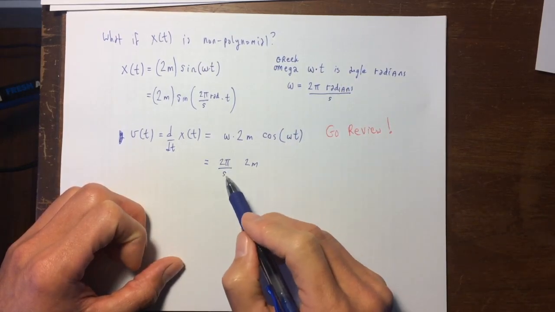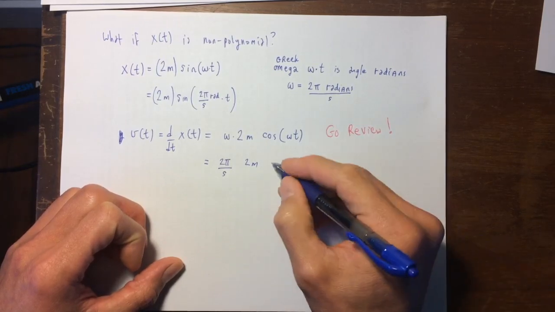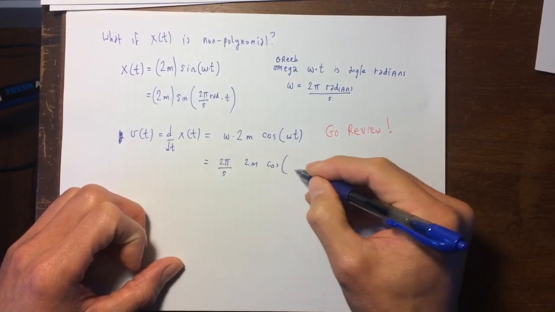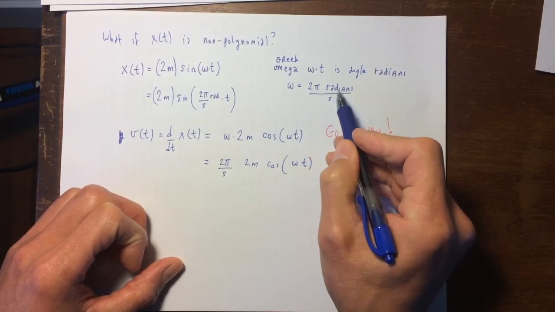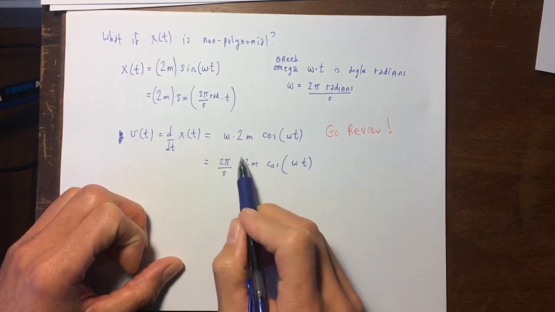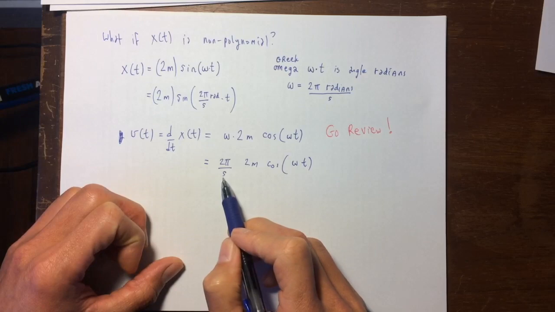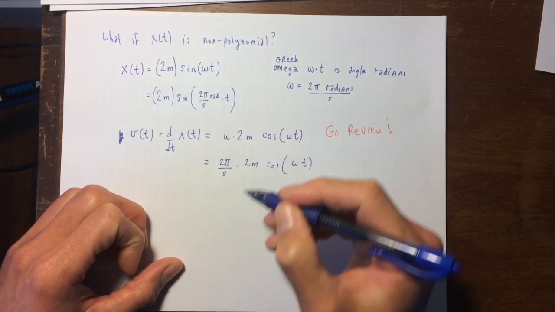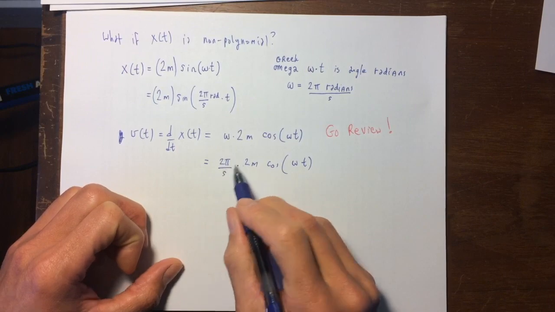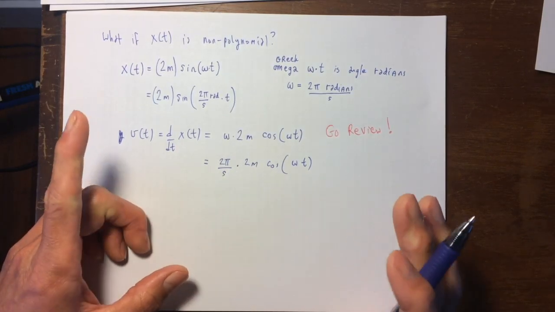This is 2 pi per second times 2 meters times the cosine of omega t, where omega is still 2 pi radians per second. But on the outside, where it's not an angle, it's multiplying the 2 meters. There is no radians. You have to drop the radians. It's not like radians cancel.